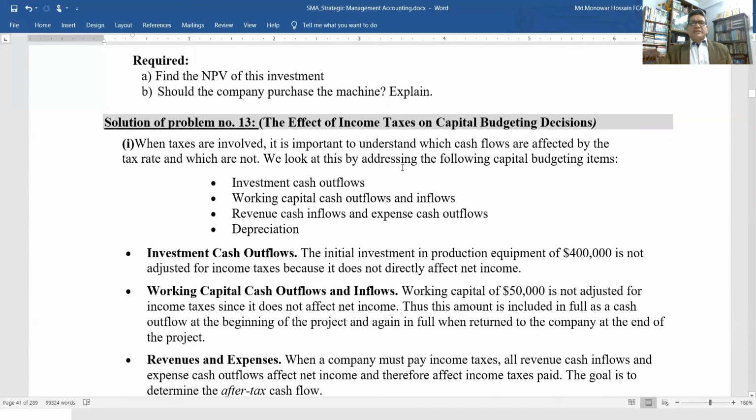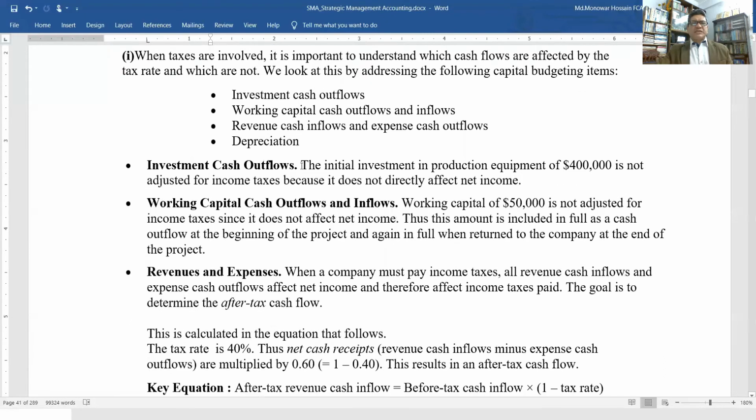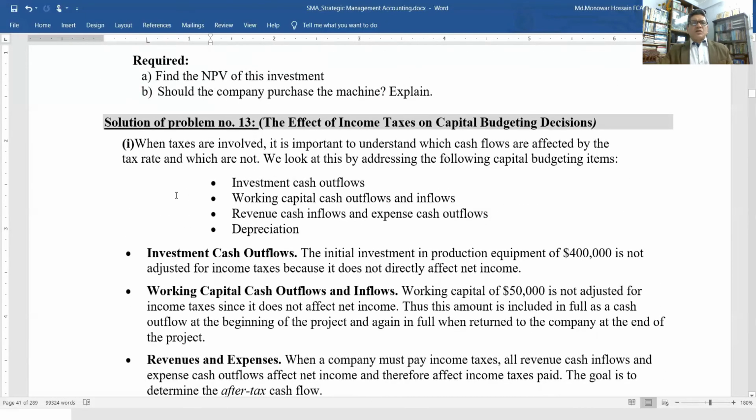We look at this addressing the following capital budgeting items: investment cash outflow, working capital cash outflow and inflow, revenue cash inflow and expenditure outflow, depreciation. When tax is involved, it is important to understand which cash flows are affected by the tax rate and which are not.